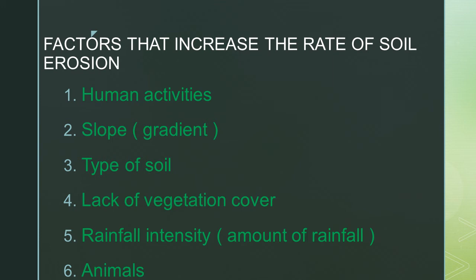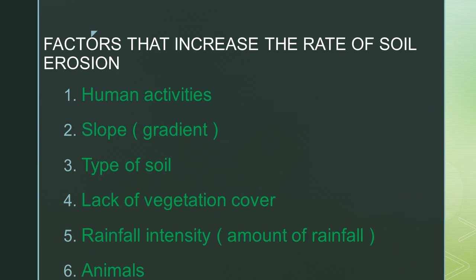Also, we have overgrazing and overstocking. Overstocking, pupils, is keeping too many animals on a small piece of land. Another human activity is mining and quarrying activities.